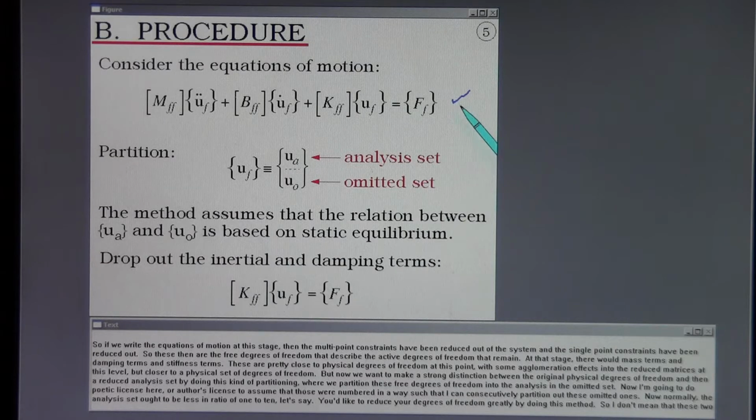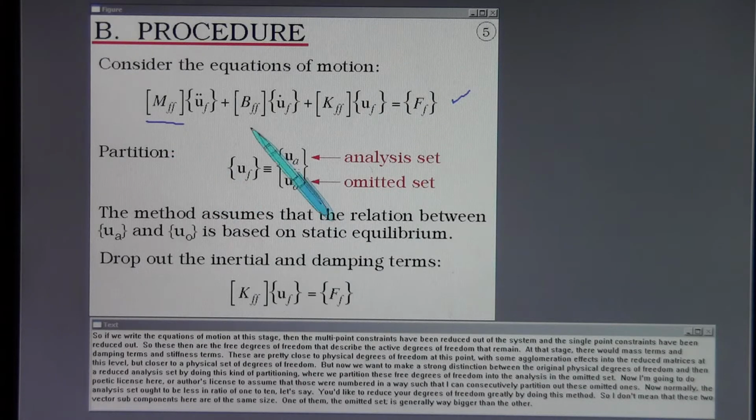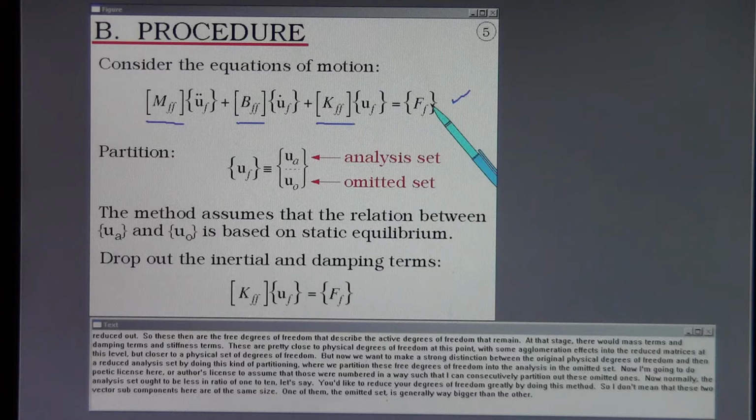So these are the free degrees of freedom that describe the active degrees of freedom that remain. At that stage there would be mass terms and damping terms and stiffness terms. These are pretty close to physical degrees of freedom at this point, with some agglomeration effects into the reduced matrices, but closer to a physical set of degrees of freedom.